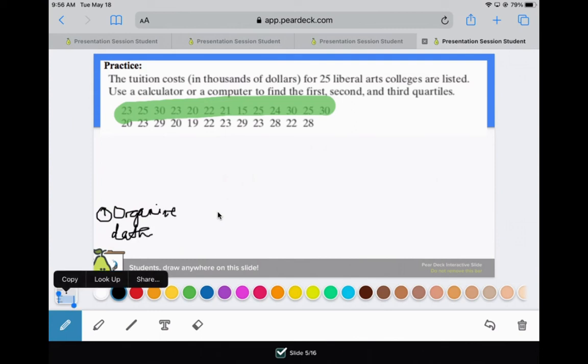Organize my data. So I'm looking here. I have 15 is the lowest. Then I have 20. Okay. Then I have 21. I have 22. I have 2 of 23.